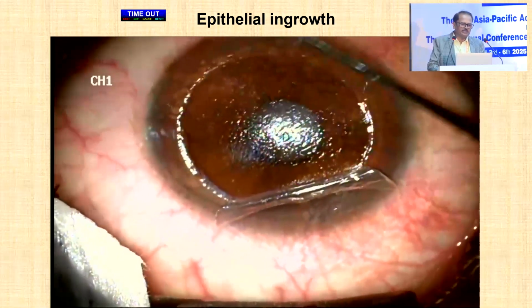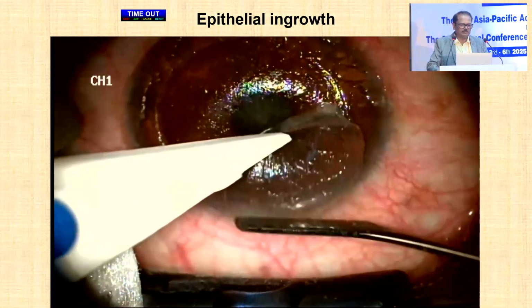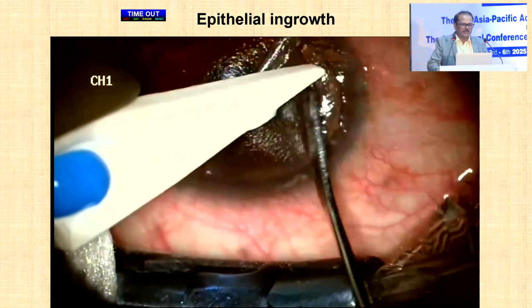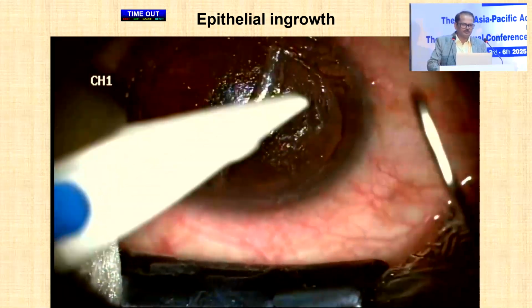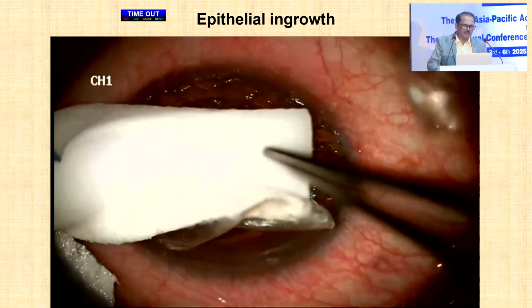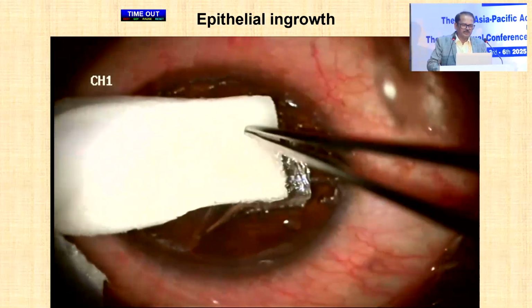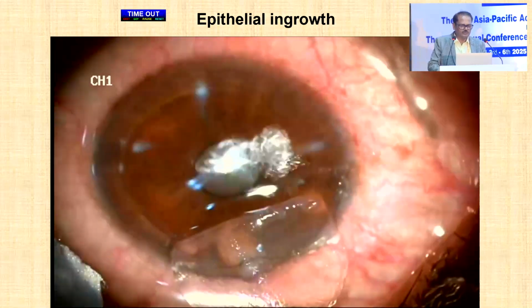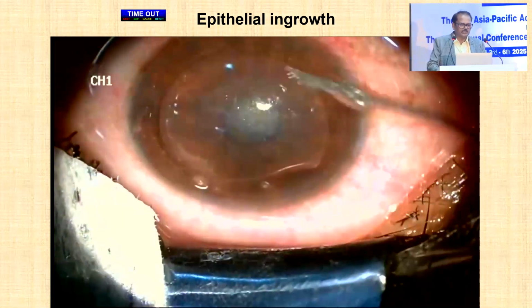So the principle is to remove all the epithelium from the bed, from the undersurface of the flap, and not only that, you have to remove epithelium around the flap in the bare area of the normal cornea, so that again there is no chance of migration of the epithelium.